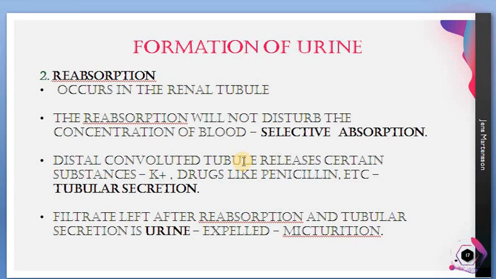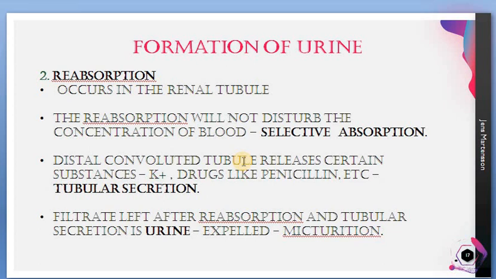In the proximal convoluted tubules, generally water will be absorbed back from the filtrate into the blood. It is reabsorption. Glucose will also be absorbed, and sodium will also be absorbed. In the proximal convoluted tubule, water will be absorbed back into the blood, glucose will be absorbed, and an essential amount of sodium will be absorbed back.